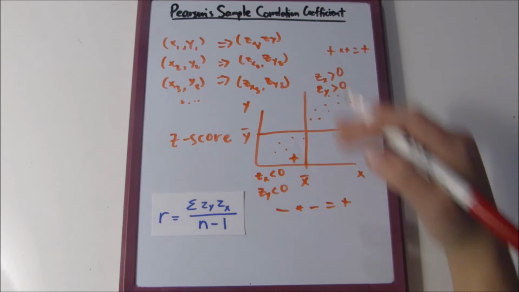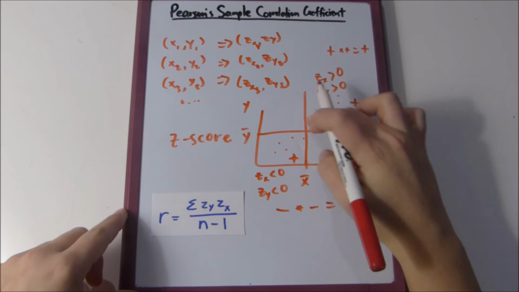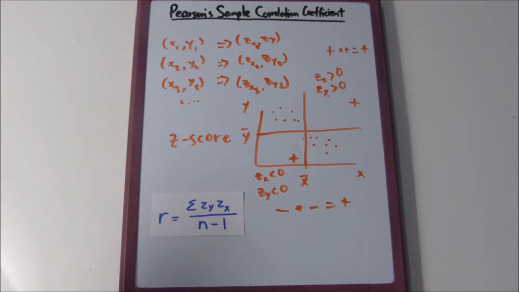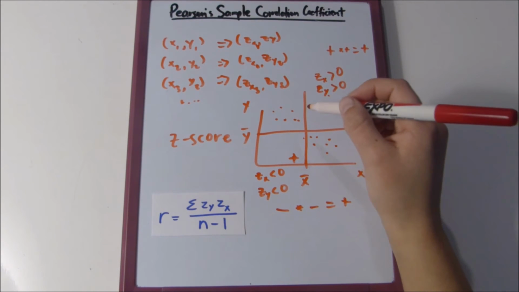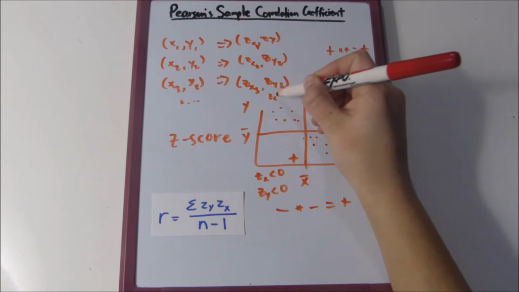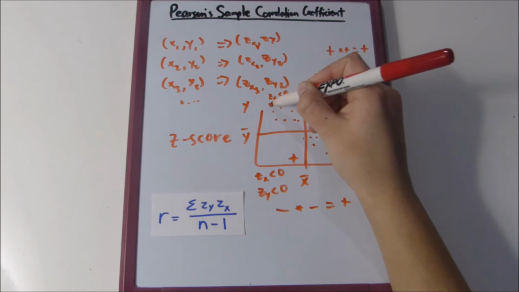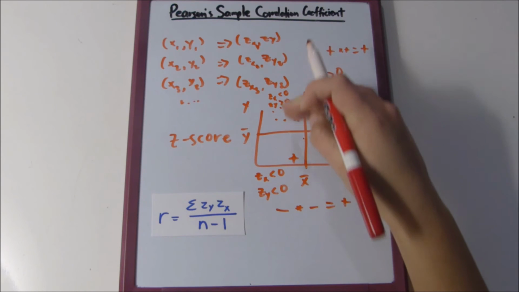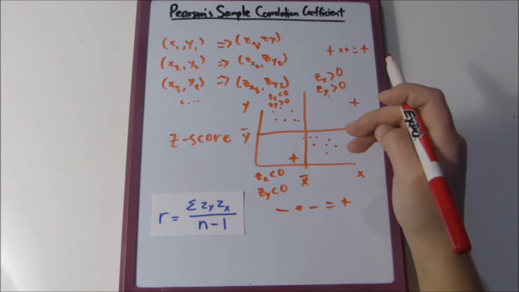And if we flip-flop this, let's say points going like this, it'd be completely flipped, right? We would say that the z-score of the x would be less than 0, and the z-score of the y points would be greater than 0, right? Because it's above, but it's below this.